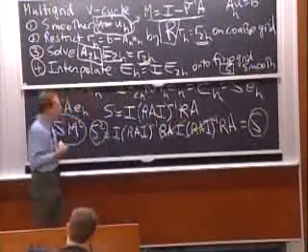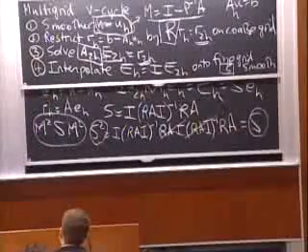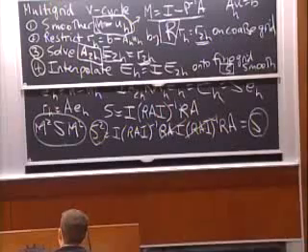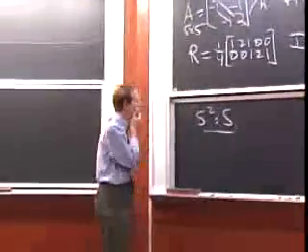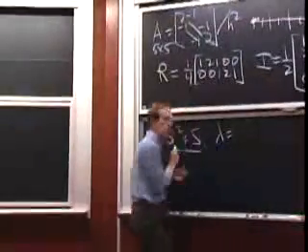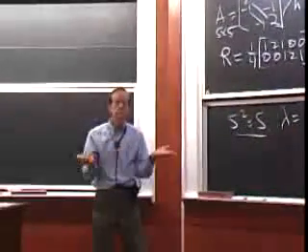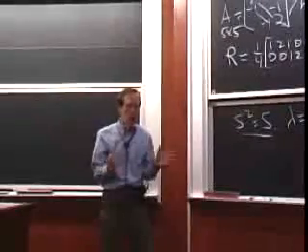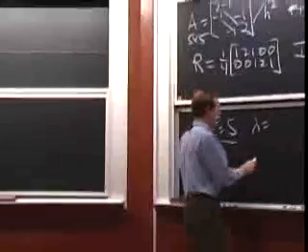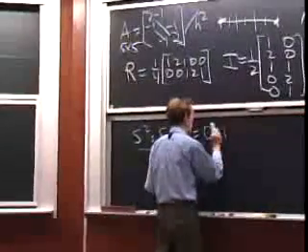We have an A off on the right. I might be able to make it symmetric by bringing part of that A off to the left, but this is the main point. What are the possible eigenvalues of that matrix S? Well, 0 and 1. The only eigenvalues are 0 and 1.